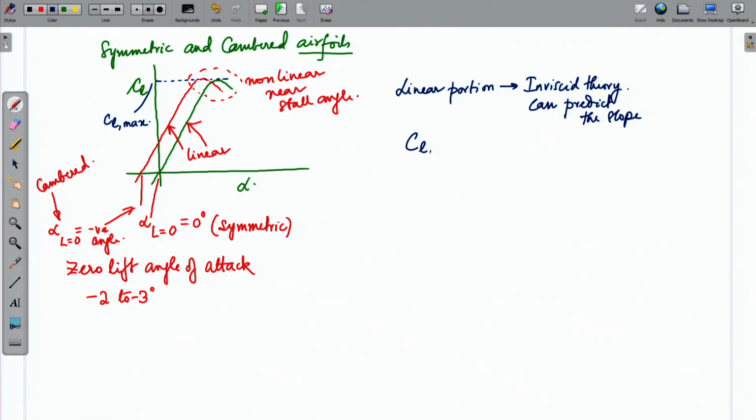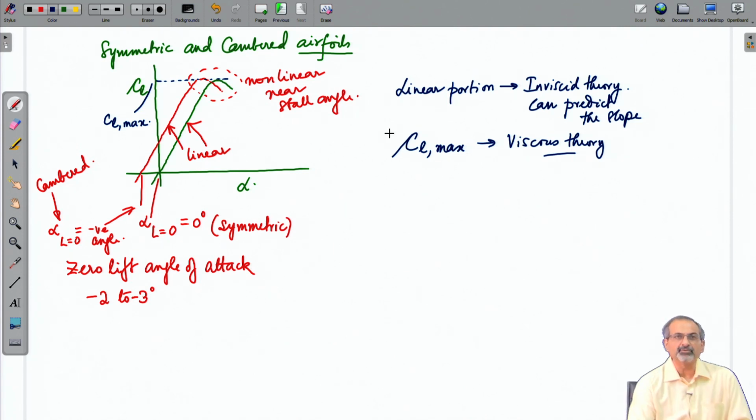When it comes to CL max, then you need viscous theory, because it is a viscous flow phenomenon associated with flow separation, which has to be accounted for, and therefore, inviscid theory would not be able to predict CL max.